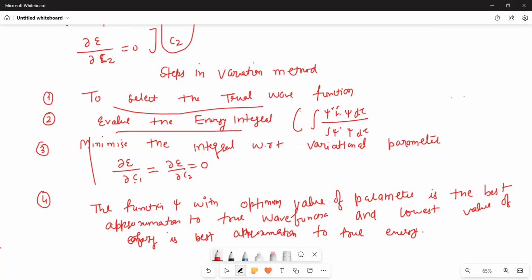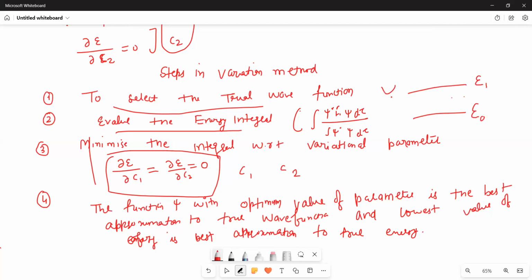If C1, C2 parameters are present, we will differentiate our energy with respect to C1 and with respect to C2. We will put it equal to 0. Then we will evaluate what is the C1 and C2 value. So after putting C1, C2 values, we will get some energy that will be very close to the true value. If it is close to the true value, that means the corresponding wave function is your best approximation.